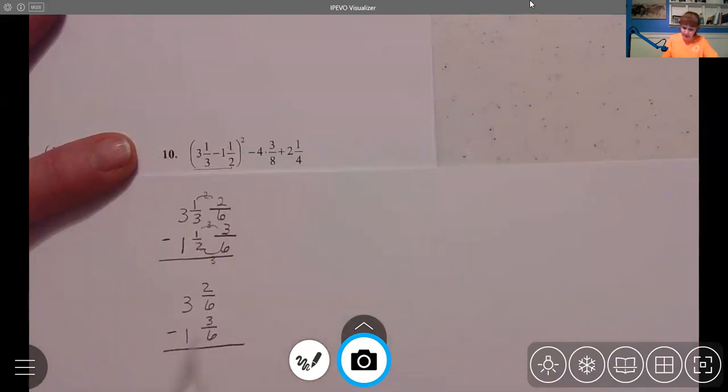Unfortunately, though, I can't take 2 minus 3. So I have to borrow in order to do that. So I'm going to borrow from the 3, gives me a 2, and I'm going to add 6/6 to that. So I have 2 and 2/6 plus 6/6 gives you 8/6.